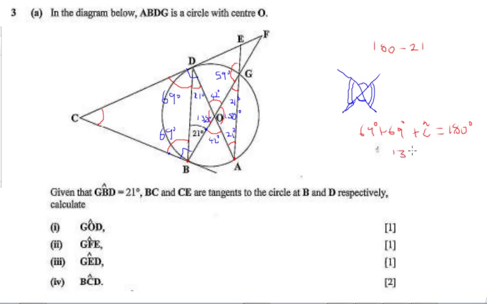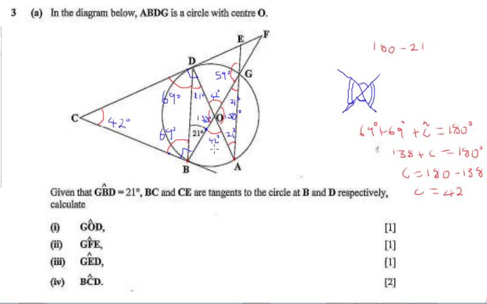So 138 plus C is equal to 180 degrees. C is therefore equal to 180 minus 138, which gives us 42. So we've got 42 degrees at C.